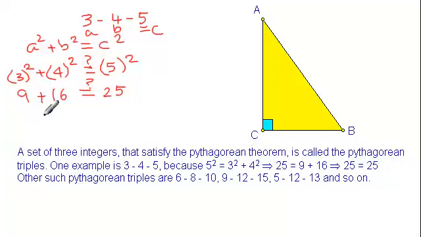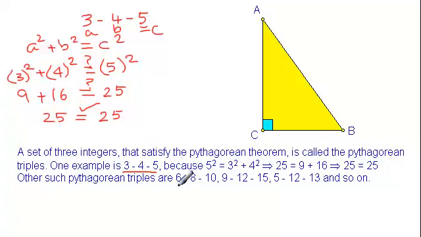And we say 9 plus 16 is 25, and that is equal to 25. So it confirms that yes, it is true. So these 3 integers, 3, 4, 5, satisfy the Pythagorean theorem, so 3, 4, 5 is one of the triples.